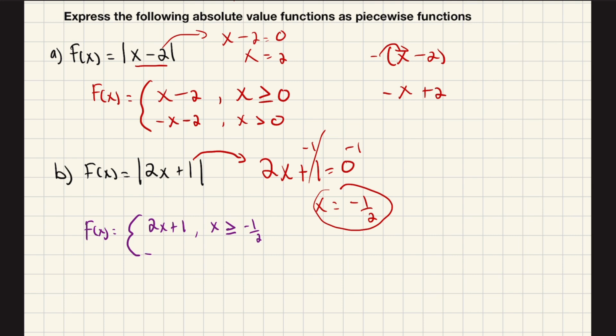And then it's going to be negative (2x plus 1), which we could really rewrite as negative 2x minus 1, when x is smaller than, let me just write that again, x will be smaller than negative 1 over 2. And this is the piecewise function for both of these absolute value functions.